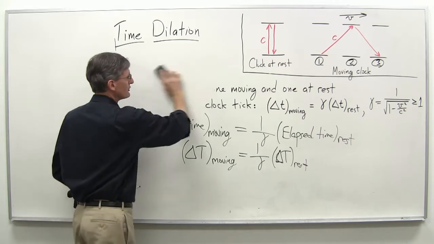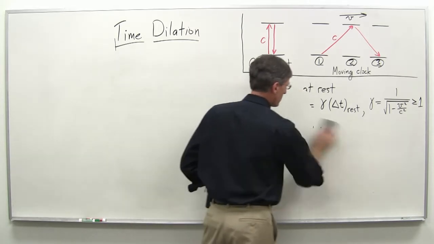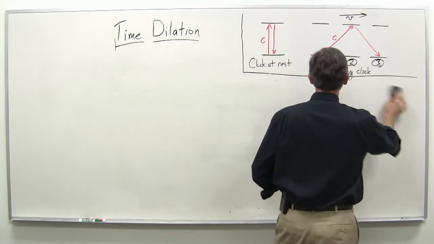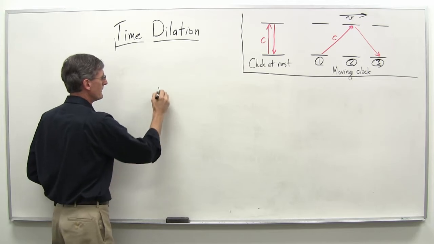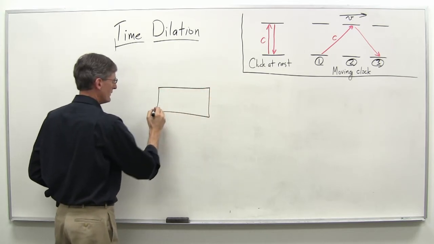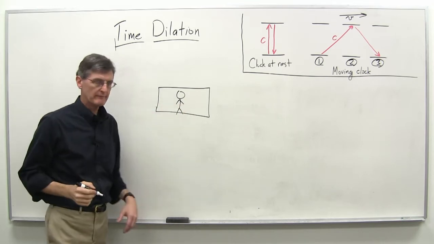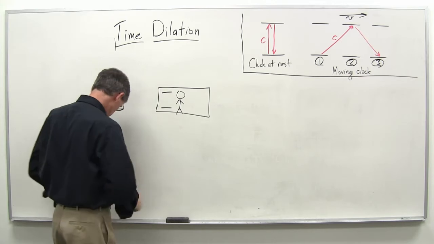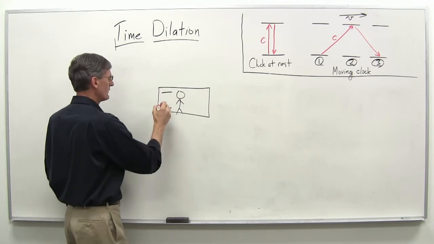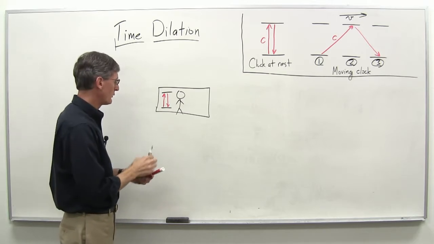Okay, we're going to go back to our train car. We'll just leave our light clock up there. So here's our train car, and here we are, Alice or somebody is in there, and they have a light clock. Let's get our light clock going in here. So there's our light clock ticking away.